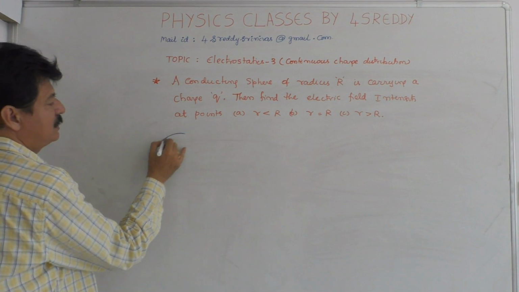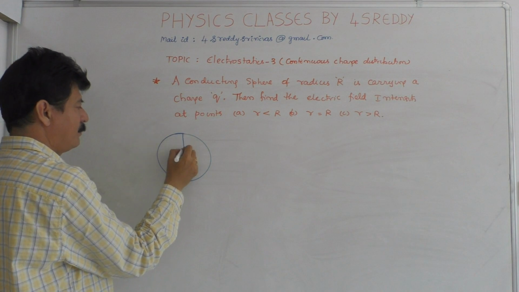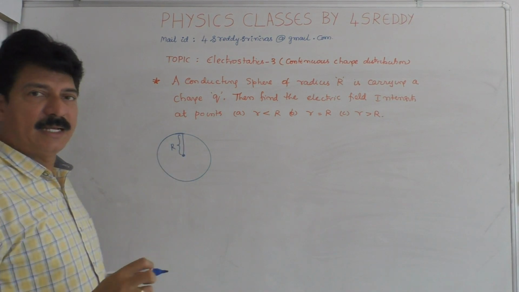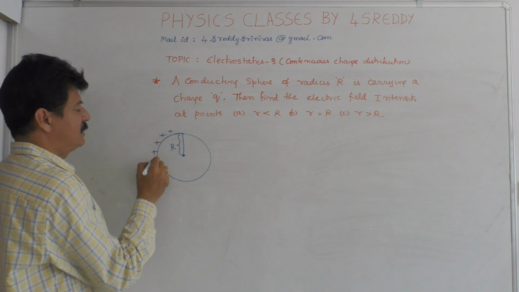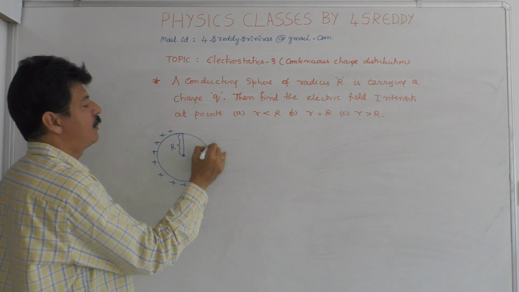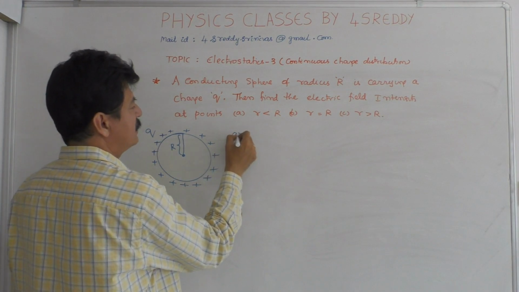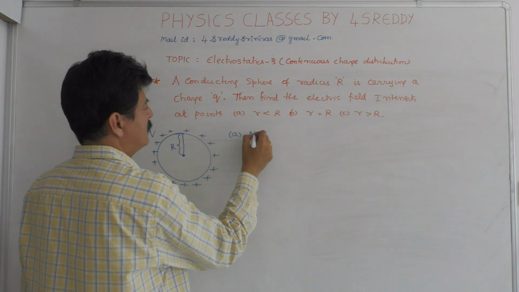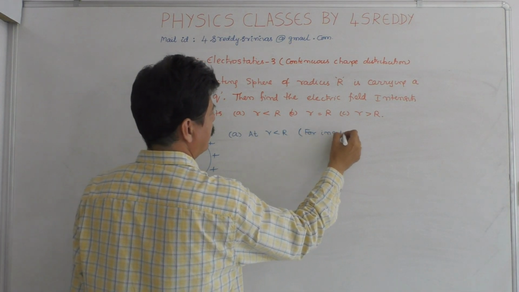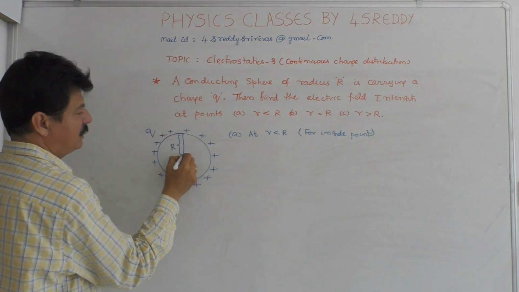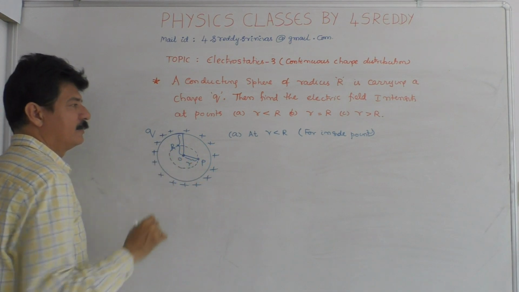Now, this is a conducting sphere having a radius capital R. For any conducting sphere, the charge always resides only on its surface, and it is carrying a charge Q. First is the inside point, at r less than capital R. Suppose this is a point P and you are asked to calculate the field at this point, with distance r.